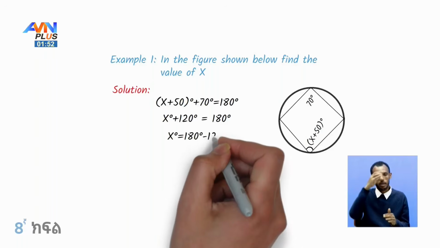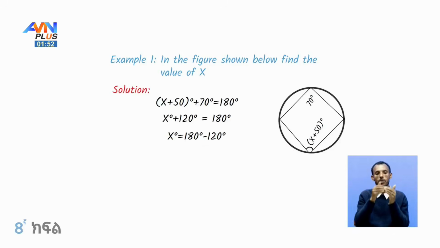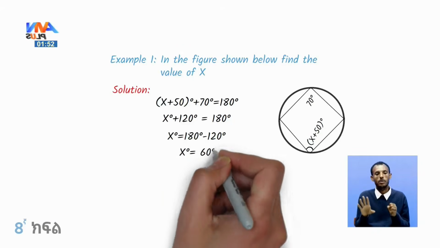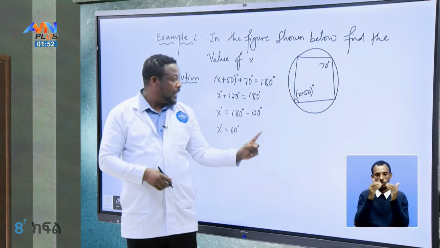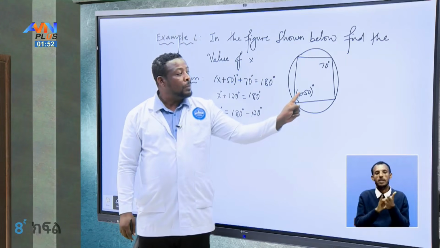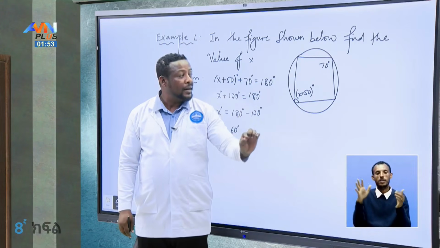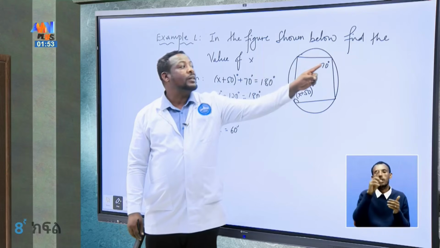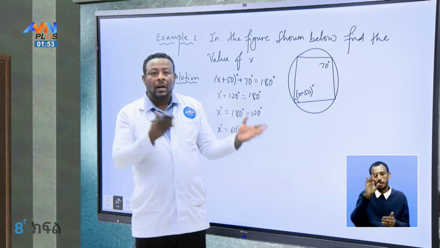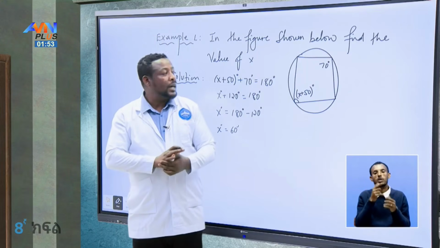So this difference gives us x equals 60 degrees. You can check that 60 plus 50 is 110, and 110 together with 70 must give us 180 degrees. Otherwise, our answer is not correct.